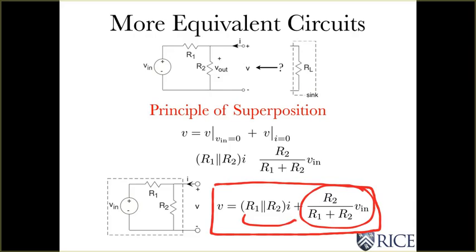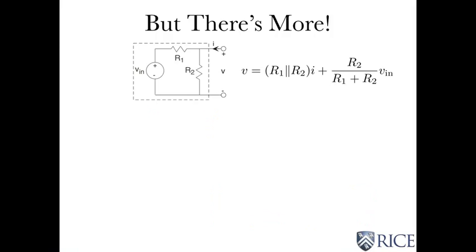Well, that turns out to open the door to a really interesting result. So let's define something. I'm going to call that REQ, equivalent resistance. I'm going to call the second term VEQ, equivalent voltage.